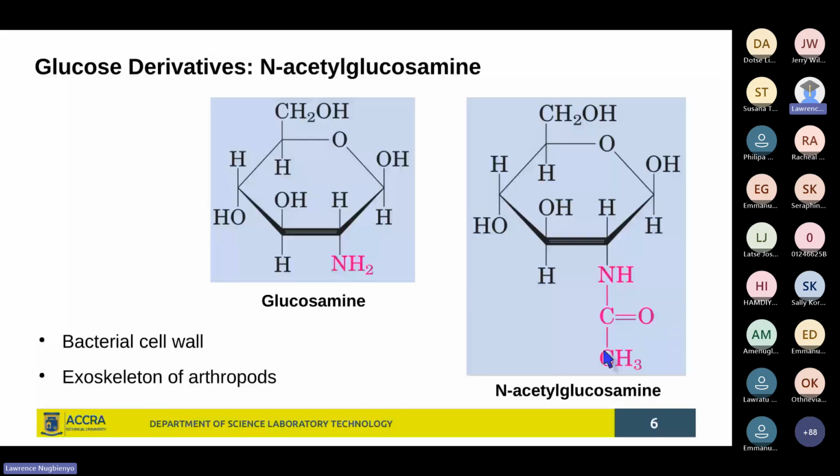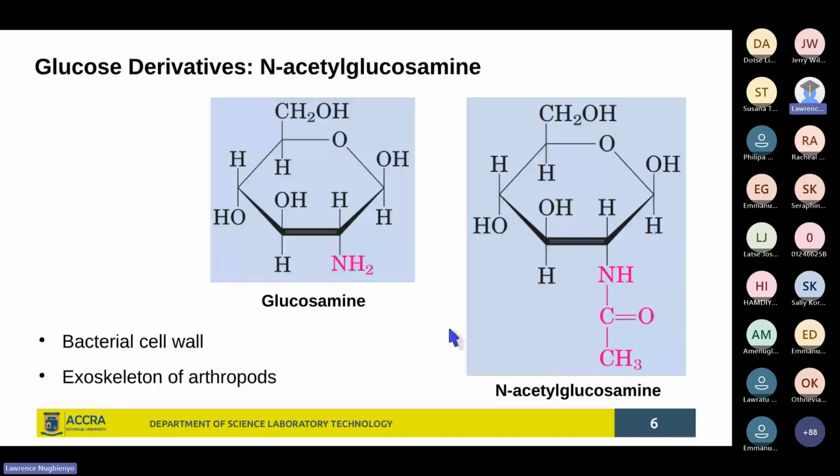Now N-acetylglucosamine, you come across it in bacterial cell walls. N-acetylglucosamine forms a polymer with another derivative, which we'll go to soon, and that gives you a polymer that gives a protective coating around bacteria. So you find it in some bacterial cell walls.